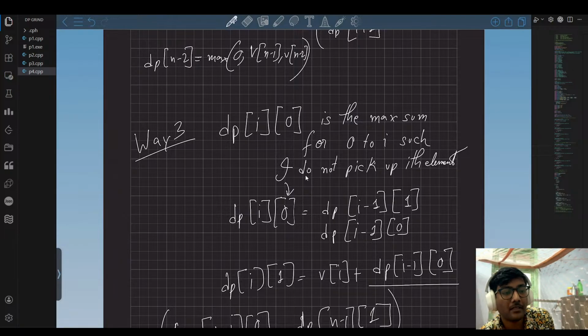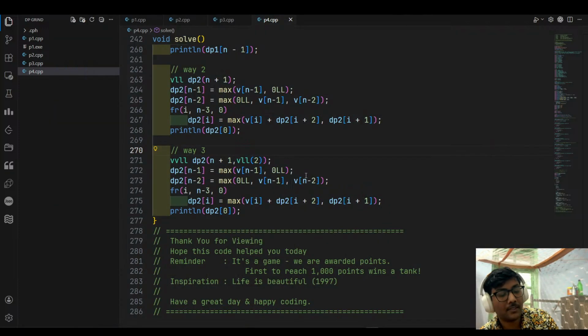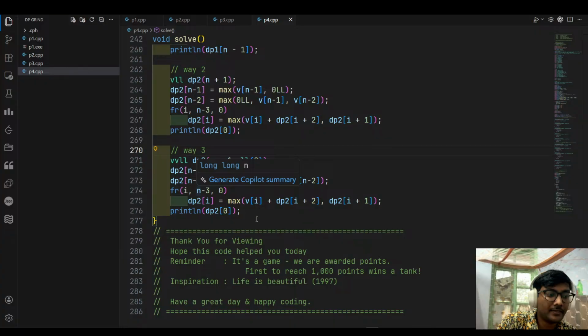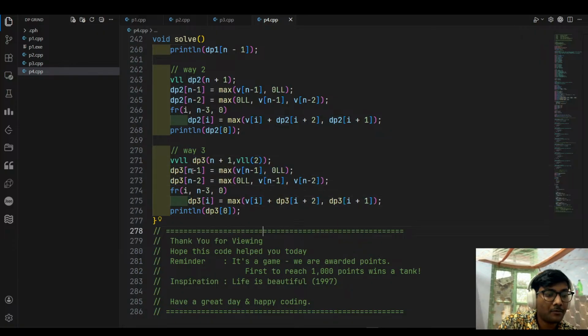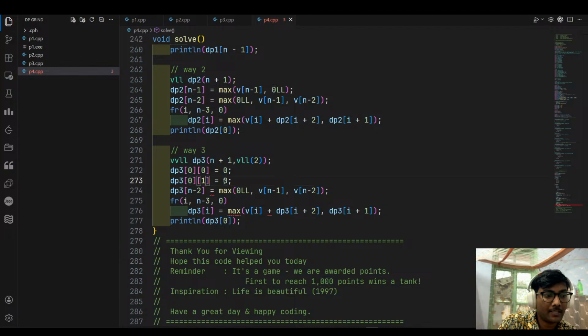So I have to mention what is the value of dp of 0, 0, right? So dp3, I should say. I have to say that dp3 of 0, 0, if I do not pick up the 0th element, it will be nothing. If I pick up the 0th element, it will be v of 0.